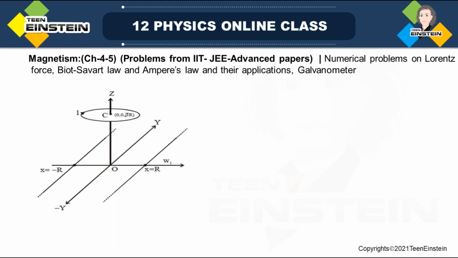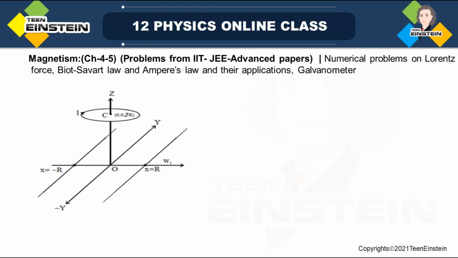There is a loop whose center is located at 0, 0, root 3 r from this origin. So this is the question.